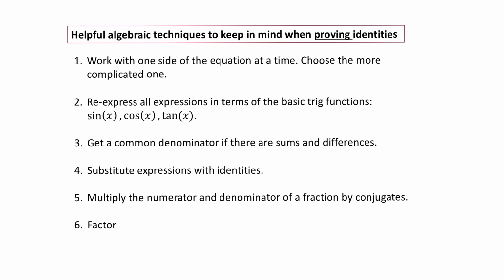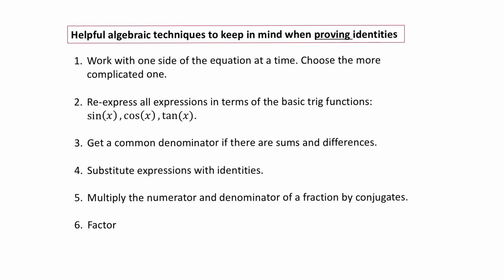Number two says that you should re-express all expressions in terms of basic trig functions. So make sure that any expressions that may involve cosecant, secant, or cotangent, you may want to re-express in terms of sine, cosine, or tangent.